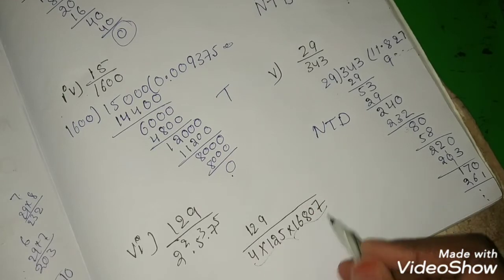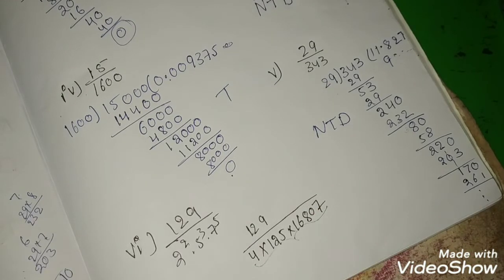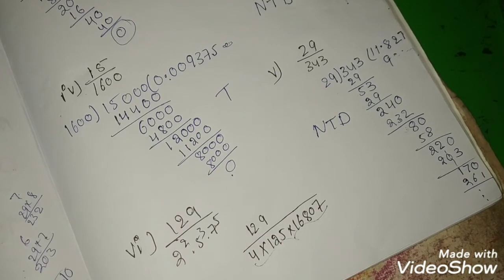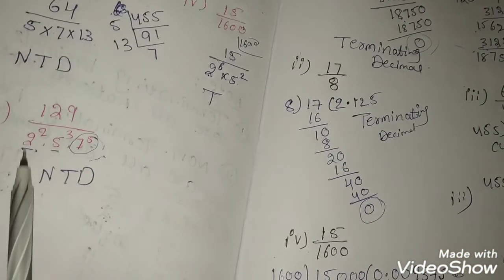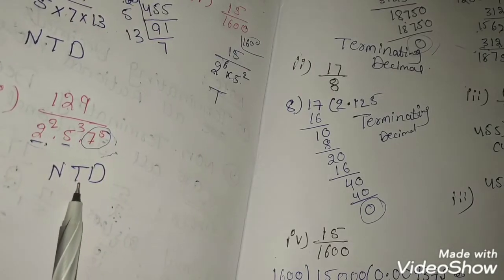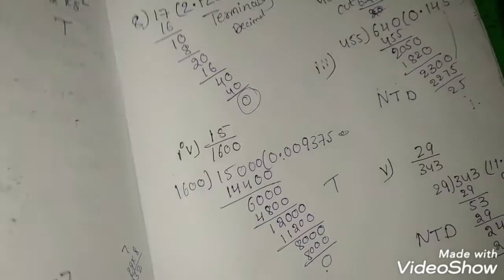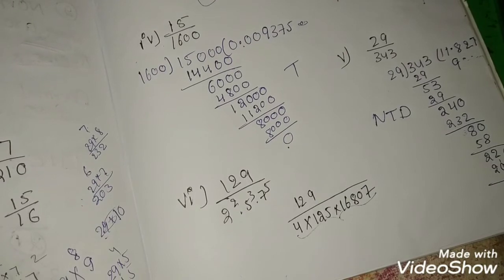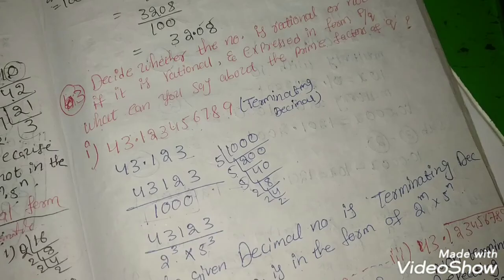If you multiply these, we get some answer, and you have to do division and check whether it is repeating, that is, terminating or non-terminating. Already before we declared that this is a non-terminating decimal, and by division you have to declare this is a non-terminating decimal. Okay, let's move to the next question.